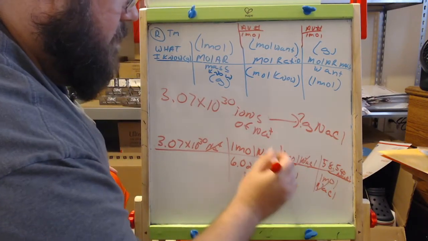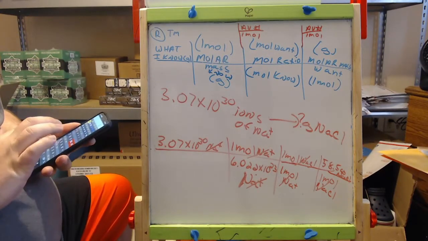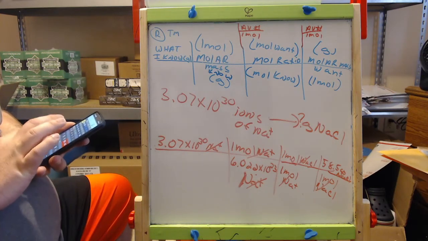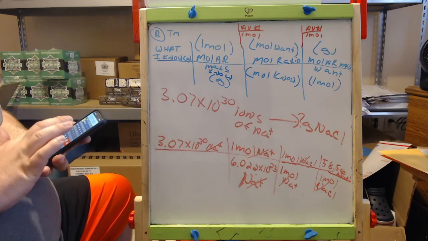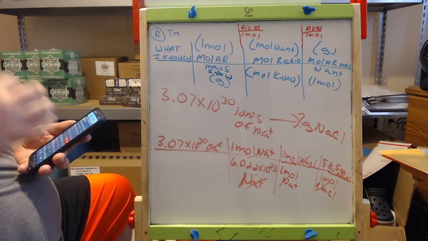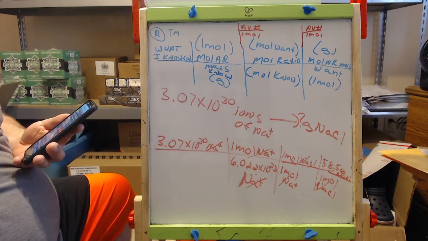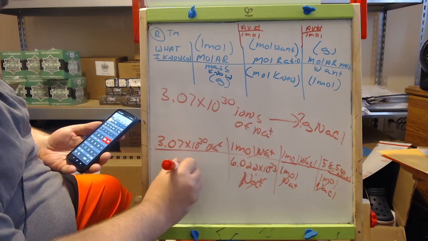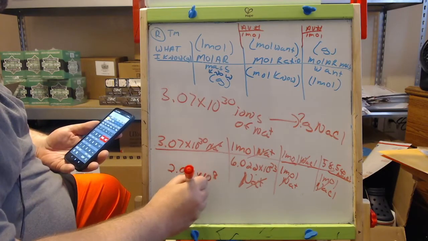Moles cancel out, and we do the math. 3.07 times 10 to the 30th divided by 6.022 times 10 to the 23rd, times 58.5, and I get about 2.98 times 10 to the 8th, if I did my math right.